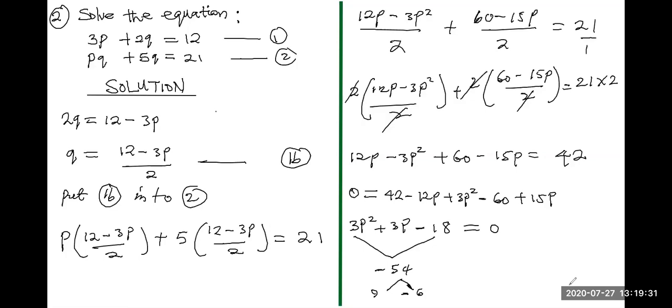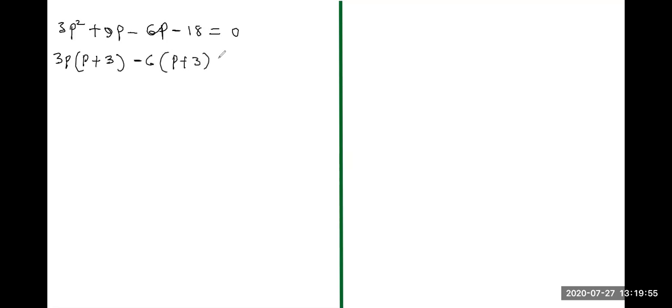So going to the other side, I'm going to have 3p squared plus 9p minus 6p, minus 18 equals to 0. By grouping, if we factorize by grouping, 3p into p plus 3 minus 6, 6 is common, p plus 3 equals to 0.